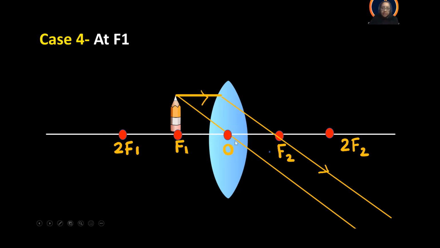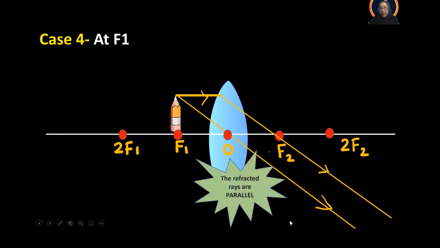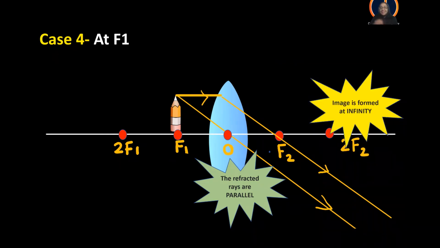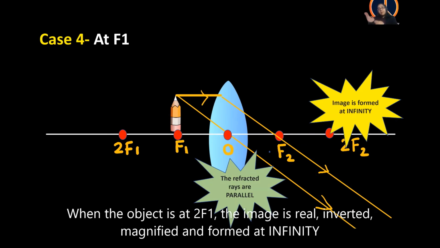These two rays are parallel to each other, right? So these two rays are parallel, and hence where will they meet? Whenever there are two parallel rays, where do they meet? Yes, you are right. They meet at infinity, and hence the image is formed at infinity, far, far away from our screen.